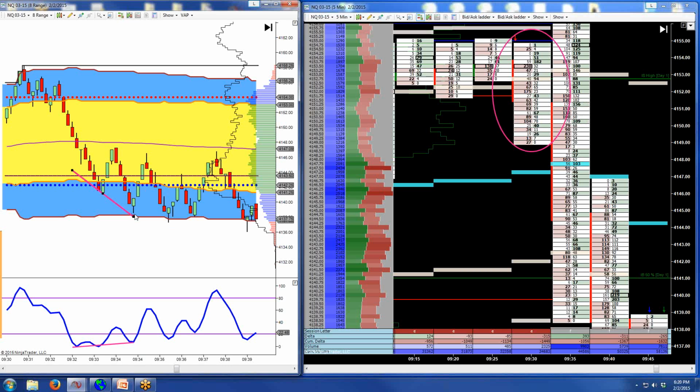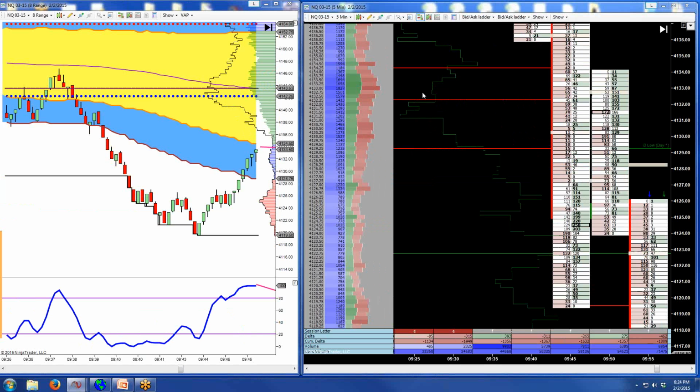But divergence here off the bottom, if you have positive delta, you could buy it, expecting it to find its way up to this first low value area here, and then ideally we would be looking for the point of control, and then if you can get through the point of control, we're looking for it to trade up to the first high value area, and then if it gets through that, then we're looking at the next high value area. So you can continually do that over and over.